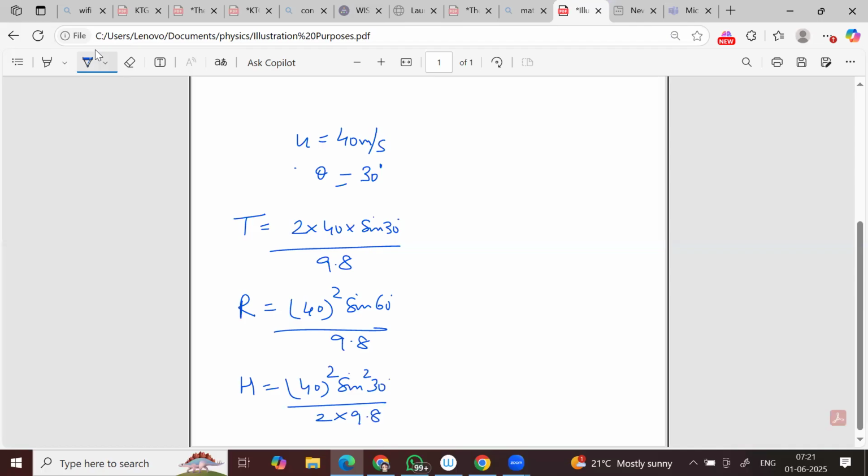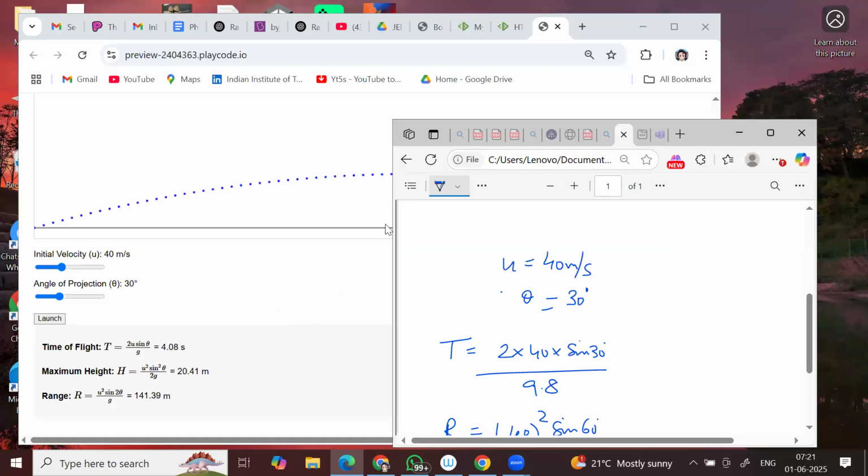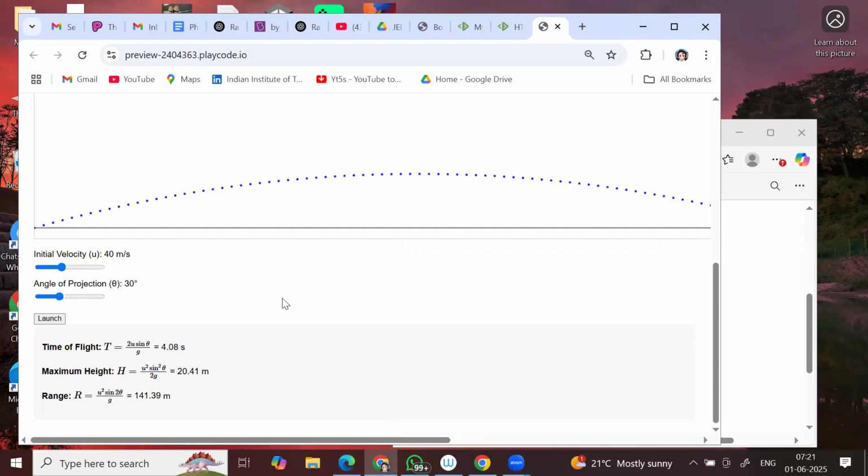And we can calculate these and see if they match the values given in the simulation. And I'd encourage you to play the simulation for various values, try and derive these formulas and confirm that when we plug in the values, we indeed get the same values that the simulation provides.